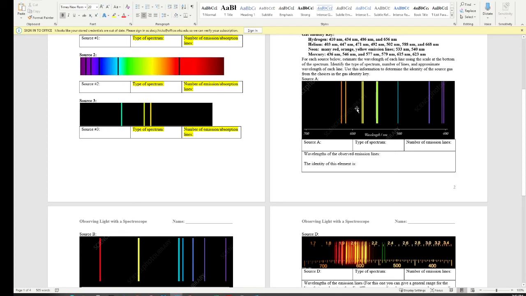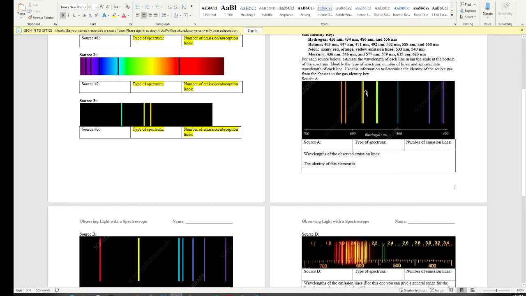So you're going to look at how many lines are visible, right? First, you're going to identify the type of spectrum. You're going to count the number of spectral lines that you can see, right? So for instance, 1, 2, 3, 4.